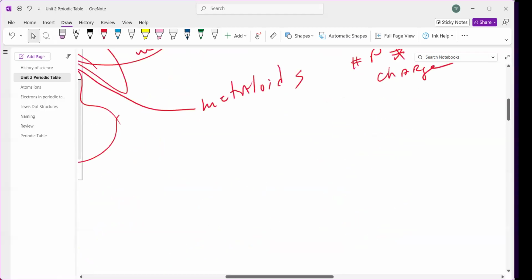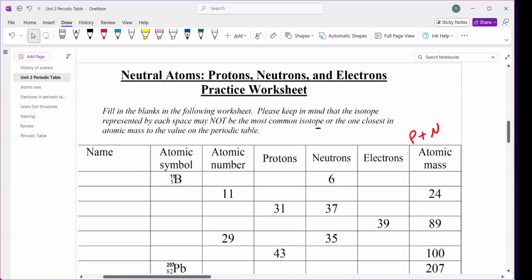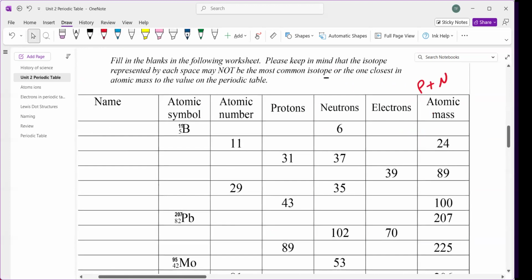So this chart I gave you, these are all neutral. That means the protons and electrons are equal. The atomic number and the number of protons is always the same. No exceptions.